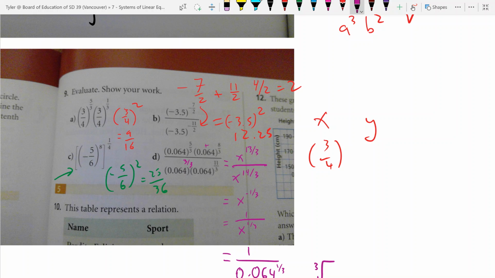Yeah. That. 1 over 0.4. Pretty sure. So, that's the answer to all those questions.